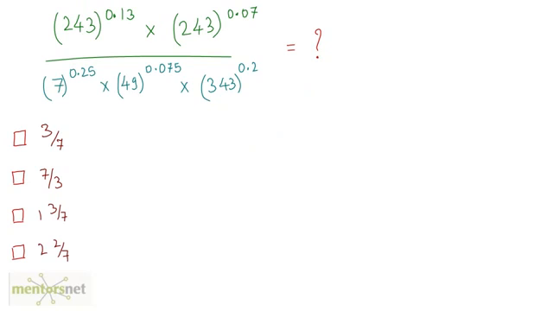Now let us move on to this final question. What could be the answer? Okay, so we have a raised to m times a raised to n, which is a raised to m plus n.